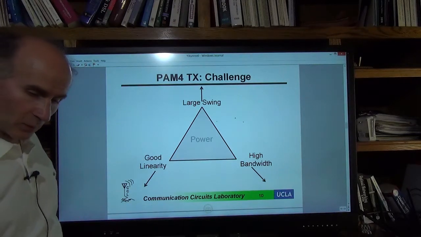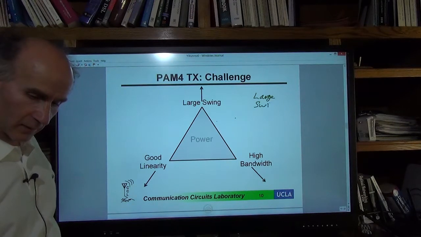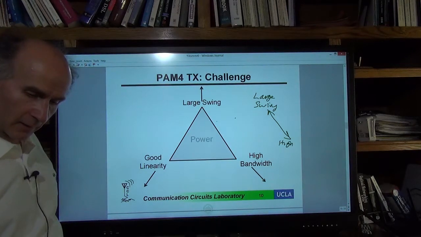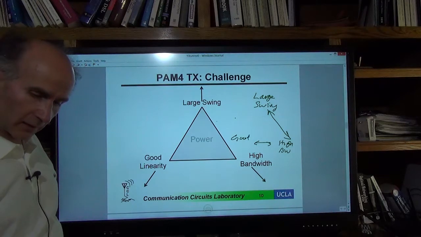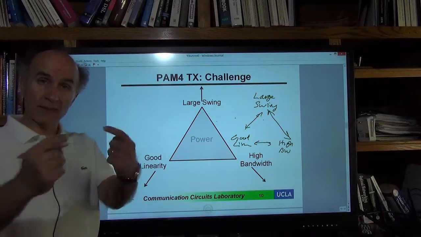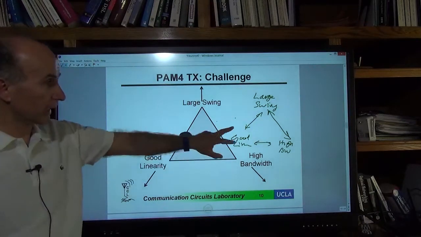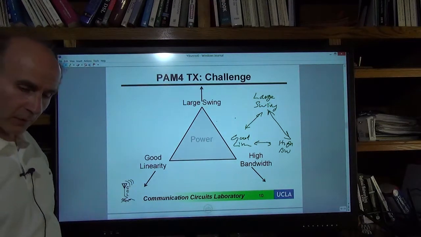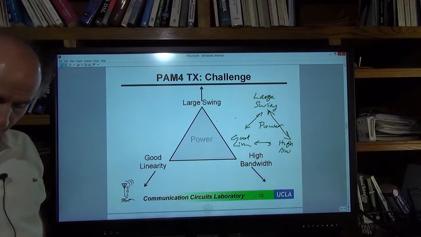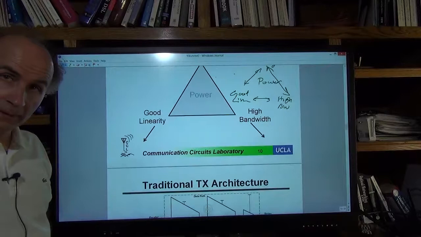Generally, what we would do is probably something like this: large swing, and then a two-sided arrow to high bandwidth, and a two-sided arrow to good linearity, and then a two-sided arrow back. Okay, that shows exactly the trade-offs. And then of course in the middle of it we write power. Okay. Any questions so far?